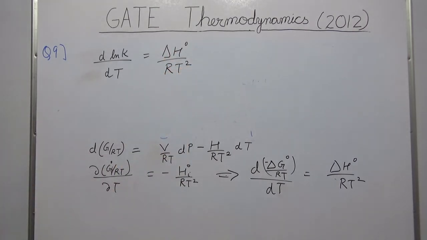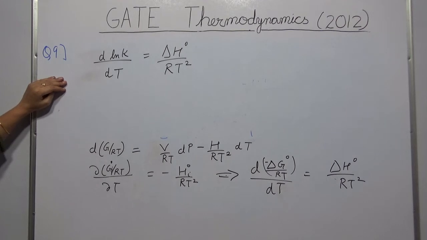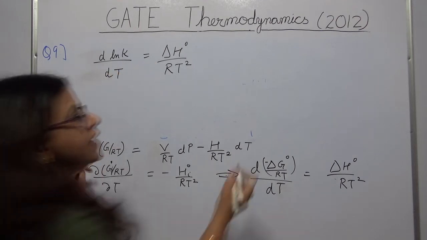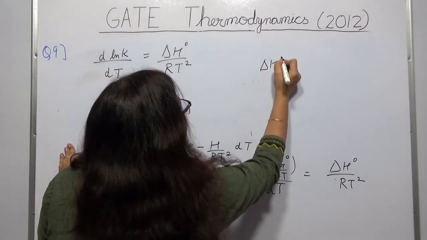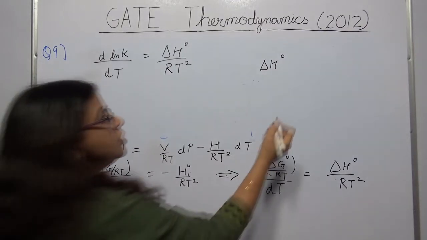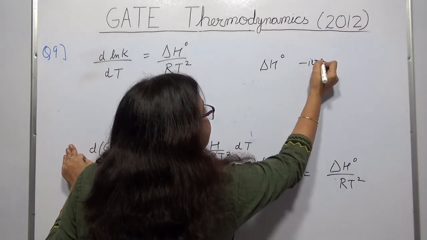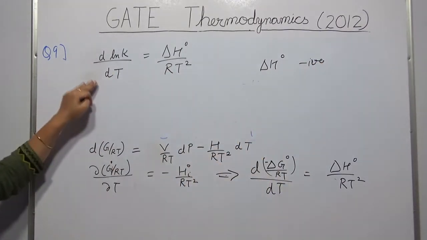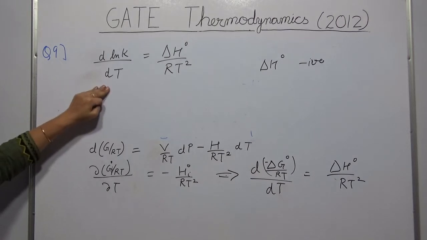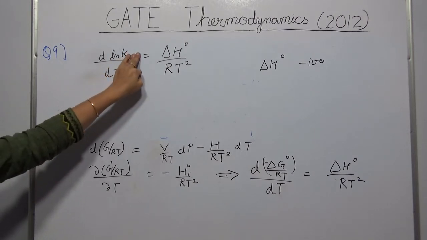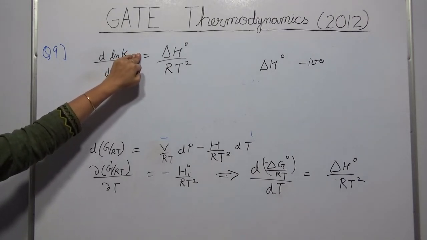Now if you have an exothermic reaction, then your delta H0 is negative, so d ln k by dt is negative. That means if you increase the temperature, your equilibrium constant will decrease.